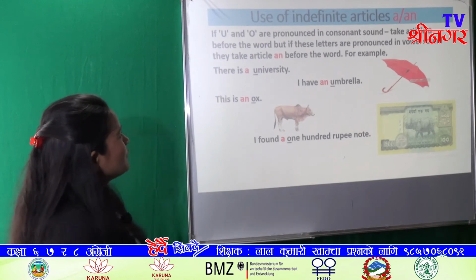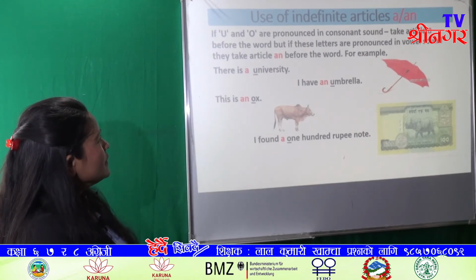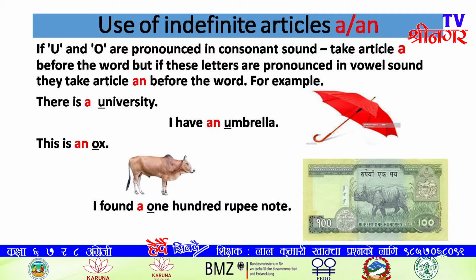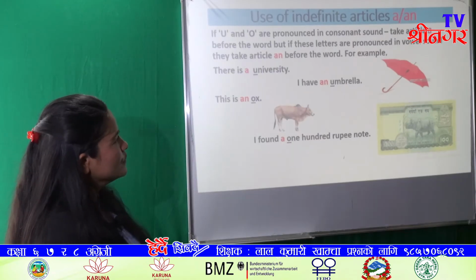So if U and O are pronounced with a consonant sound, take article a before the word, but if these letters are pronounced with a vowel sound, they take article an before the word.